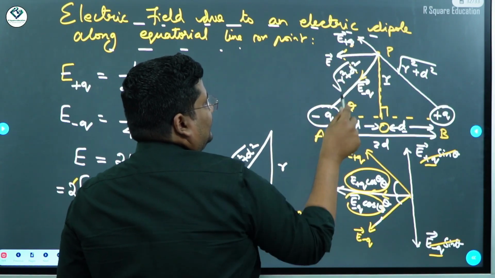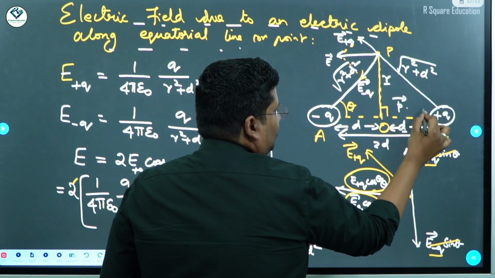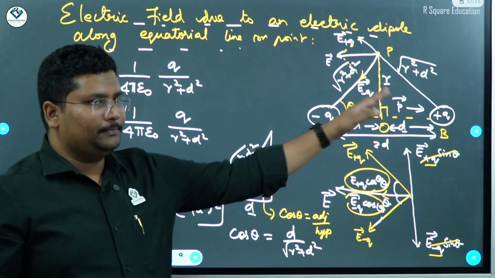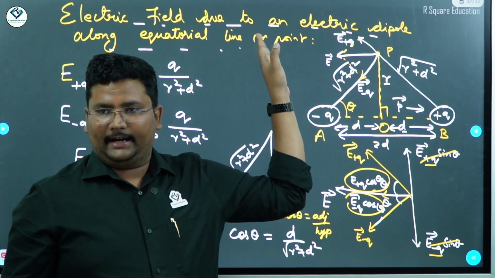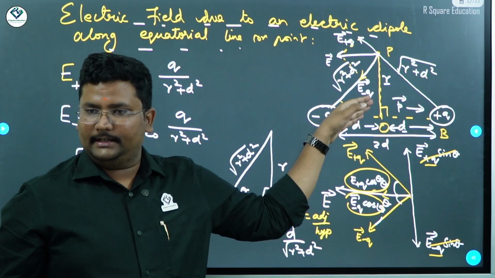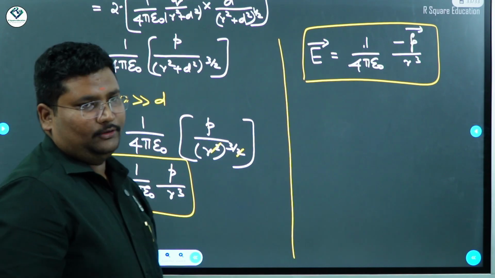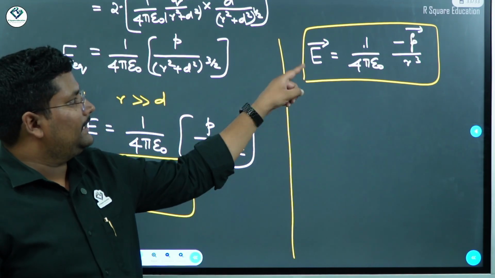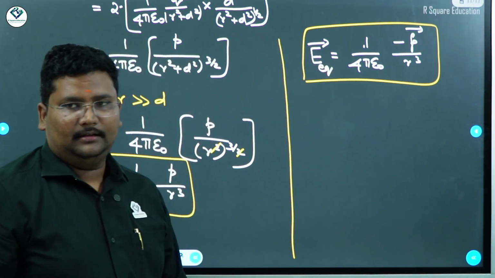So the electric field direction is this way, but the dipole direction is opposite. So dipole will usually have the direction from negative to positive, but for electric field it always moves from positive to negative. So obviously they are opposite in directions, so there will be a negative sign to compensate that. Is it clear? Right? So this is going to be electric field due to an electric dipole along equatorial point.